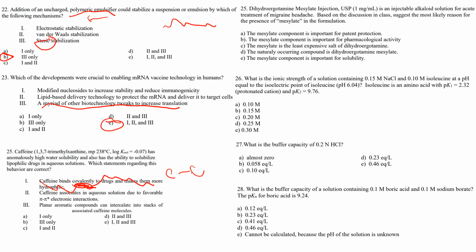Caffeine associates in aqueous solutions due to favorable pi electrons. I don't know that, but I see the word aqueous, and caffeine's pretty well water soluble, so I'm good with this one. And then planar aromatic compounds form stacks. Again, I don't really know that, but I know caffeine has some rings. I think it's a six-membered ring and a five-membered ring maybe, or maybe it's two six.